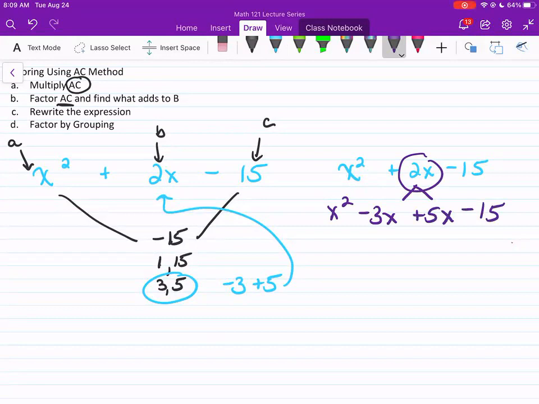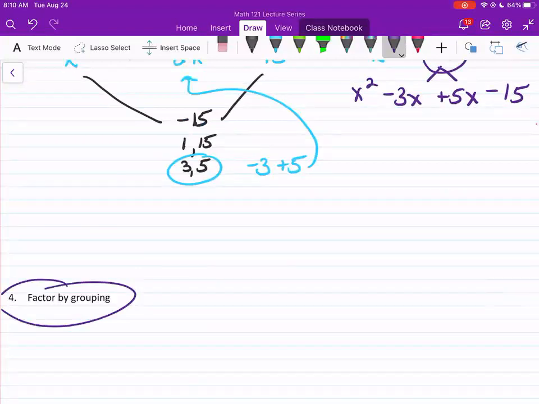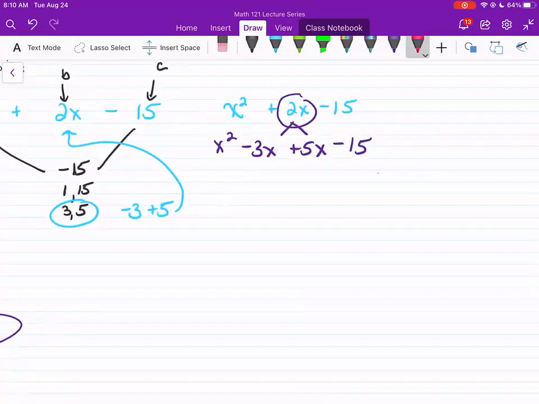So we have multiplied AC, we factored AC, we've rewritten the expression, and now notice we have 4 terms, and this leads us to our last method of factoring, which is factoring by grouping. When you have 4 terms to factor by grouping, you split it in half and then find the GCF in each part. The GCF in this first part is x, so I'm going to pull out x from both pieces and I get x minus 3.